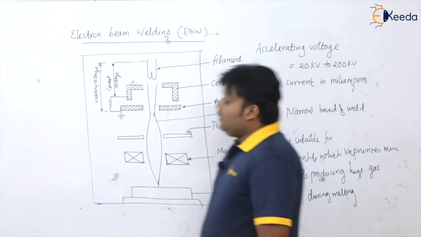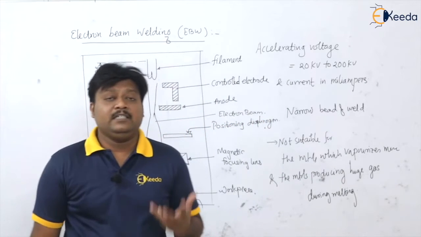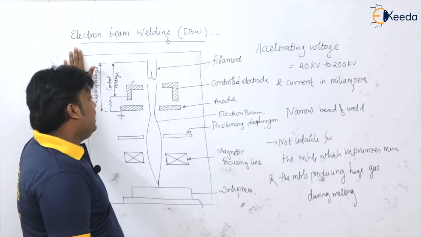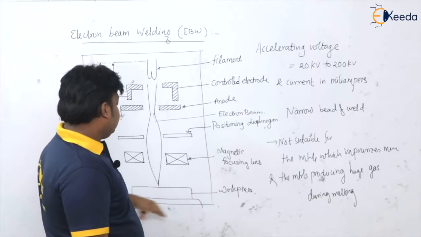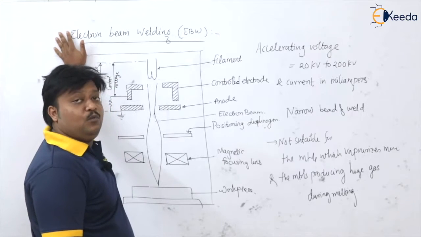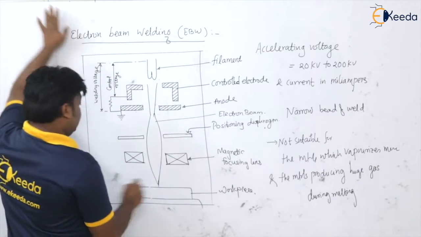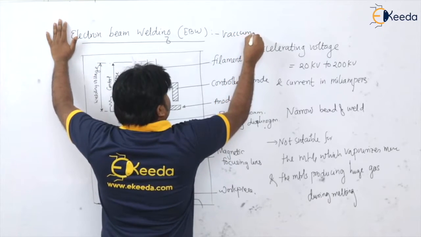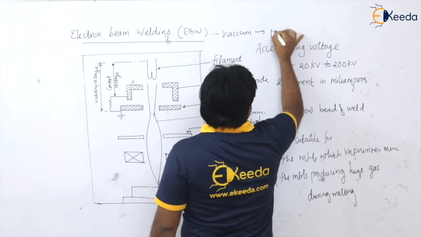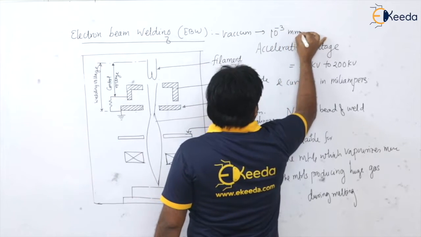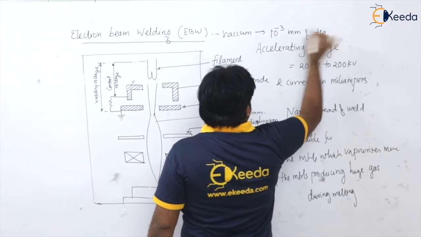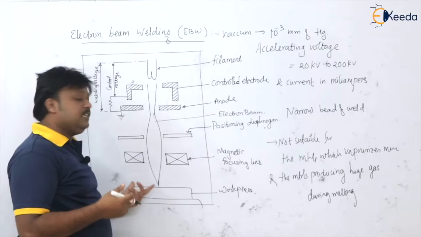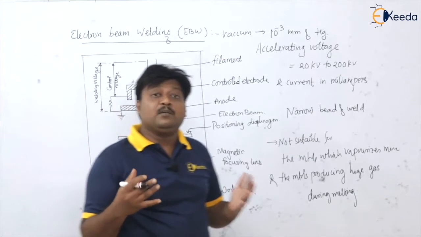One more important thing in electron beam welding is that this entire setup is in vacuum, around 10 to the power minus 3 mm of Hg. Because of the vacuum, the weld is never exposed to the atmosphere.